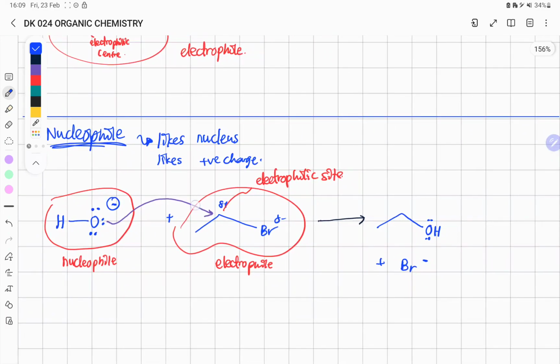So now kalau kita tengok, this whole thing adalah nucleophile. Oksigen ini adalah dia punya nucleophilic site. Okay, nucleophilic site akan react dengan electrophilic site.